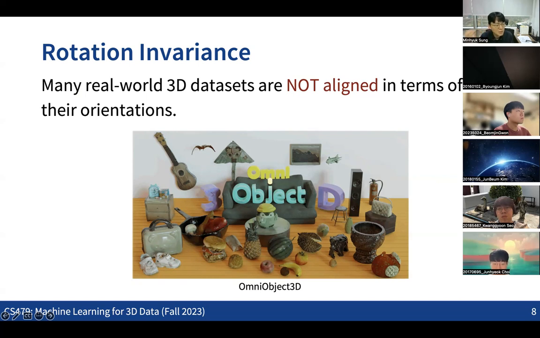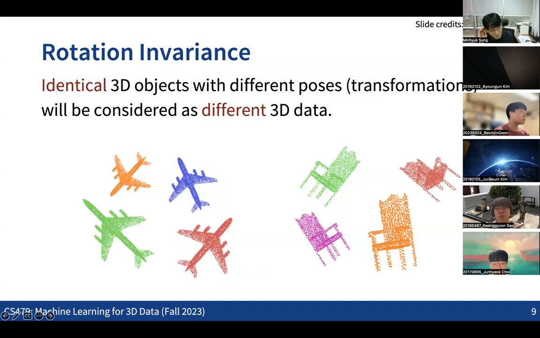But for many real world cases, if you deal with scan data or random 3D models in online repositories, you will see there are lots of cases where the objects or the 3D information that you have are not aligned in terms of their orientations. So handling this random orientation is really a big problem in many real world cases.